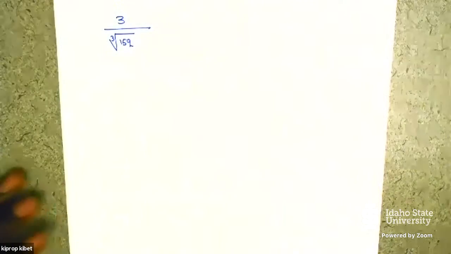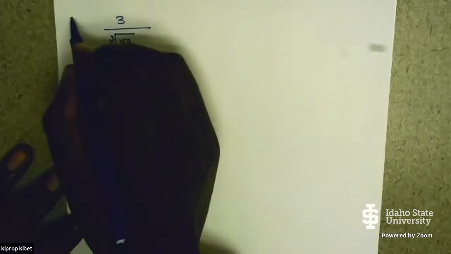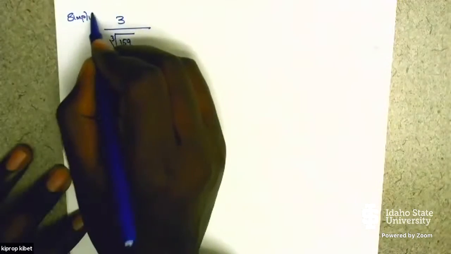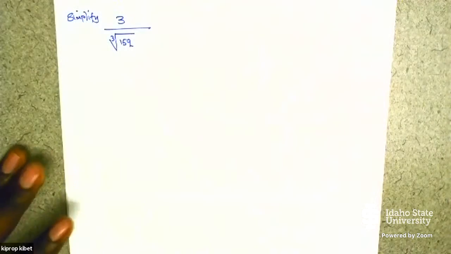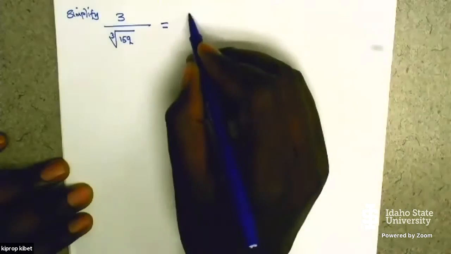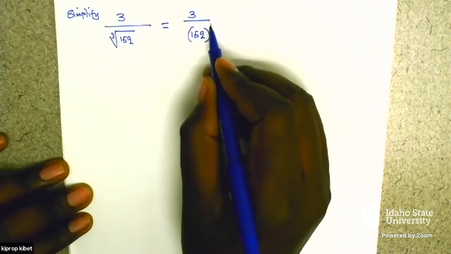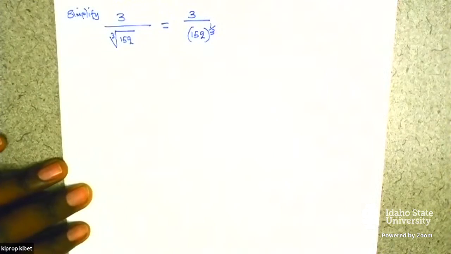The cube root of 15 cubed. And then we are told to simplify that. So to simplify that, we need to remove the what? So this is actually similar to 3 all over what? 15 cubed raised to 1 over 3, right?